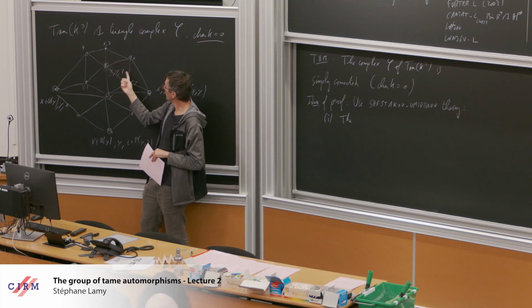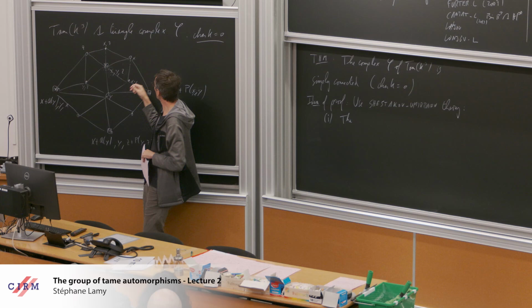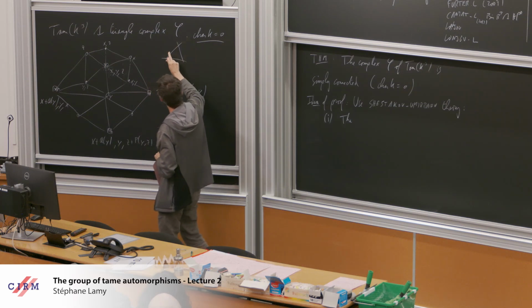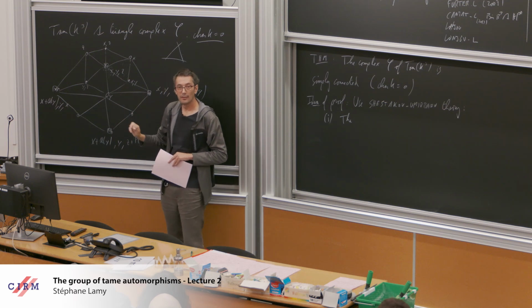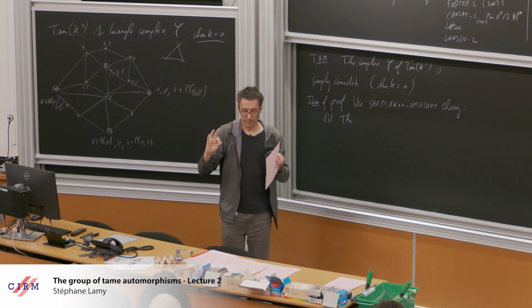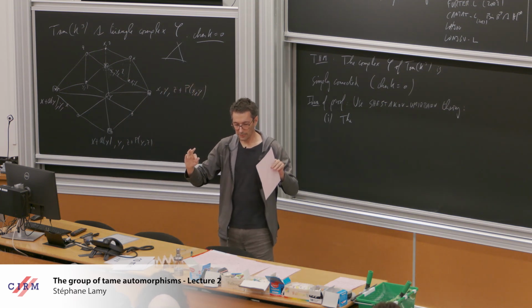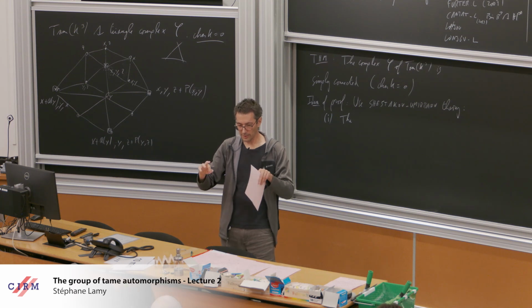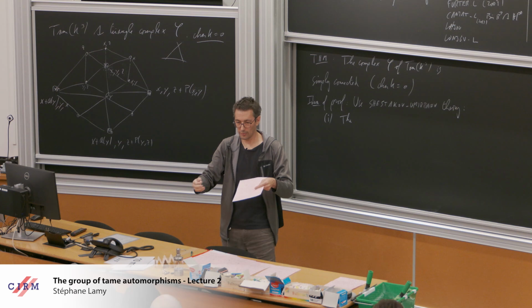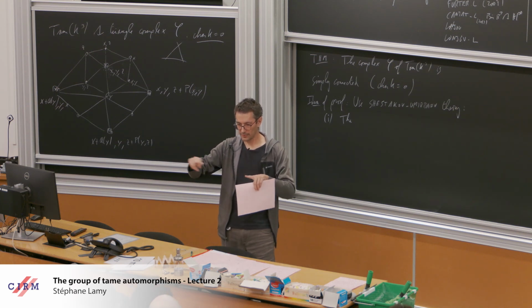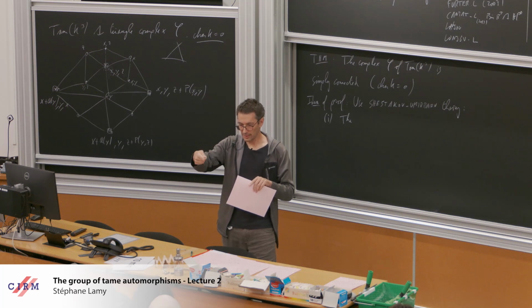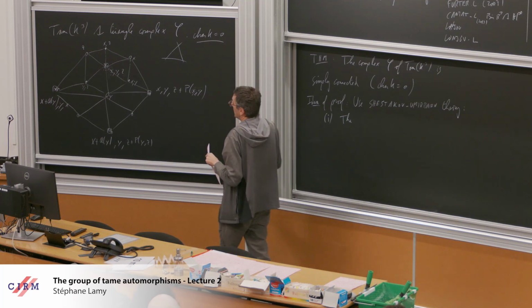So for instance, this is a line, this is a line, this is the intersection point of the two lines. An hexagon corresponds in the projective space. When you have 3 lines that intersect at 3 points, it corresponds to such an hexagon. So again, the link of a vertex of type 3 is the incidence graph of the projective plane over your field. So you have lines, you have points, and the relation, an edge, is the point is inside the line. So it's clear that it is connected.